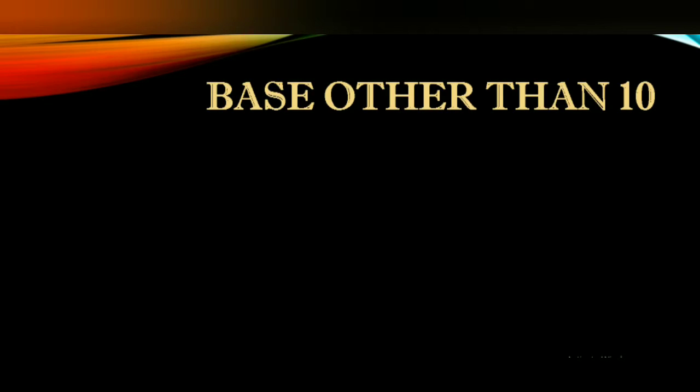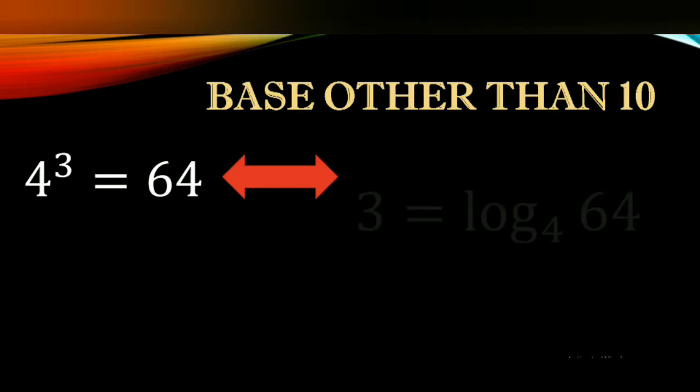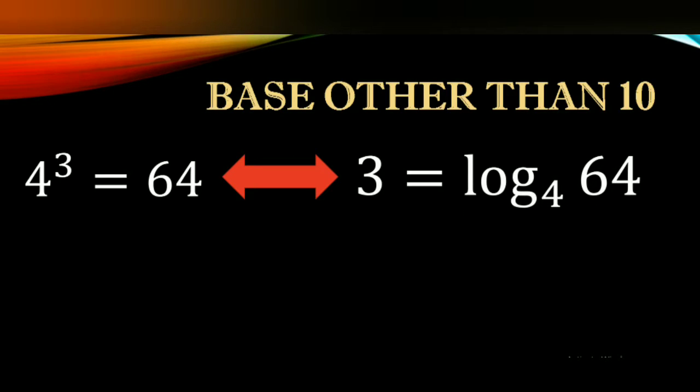So what happens if we are dealing with a base that is not 10? For example, if I have the exponential equation 4 cubed equals 64, which is true, right? If I transform this into a logarithm equation, I see it from the perspective of 3, since 3 is the exponent.